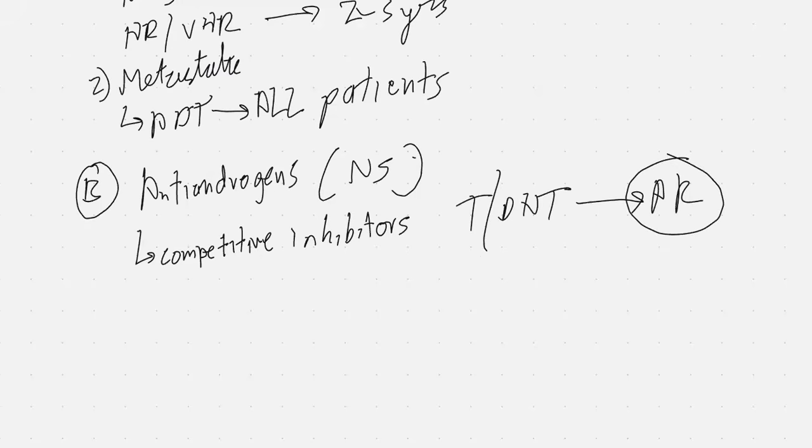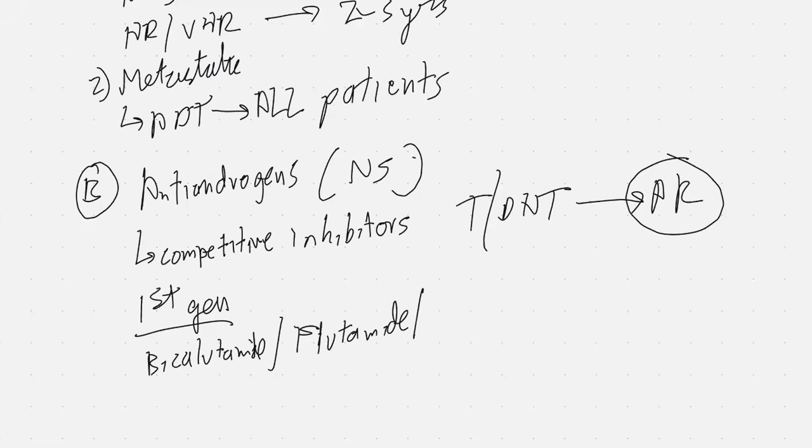So the first generation anti-androgens include bicalutamide, flutamide, nilutamide. Okay. Now these drugs are currently not used actively. The only use is probably bicalutamide.